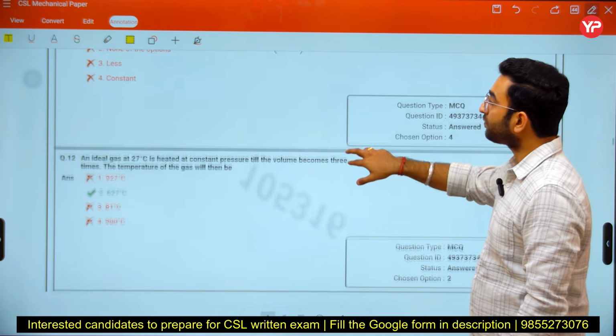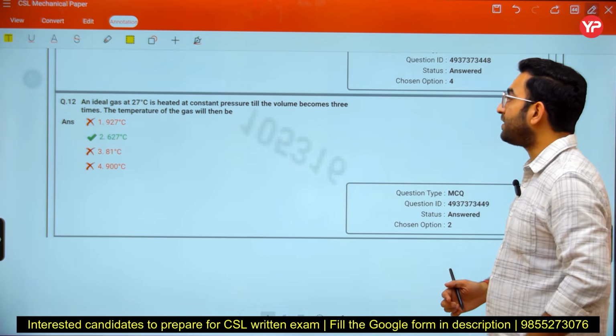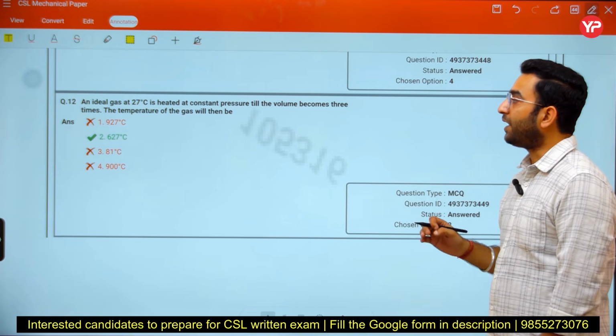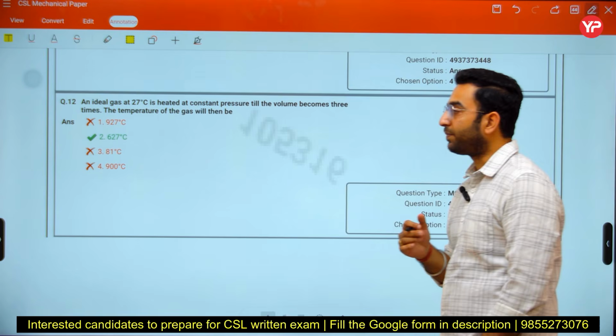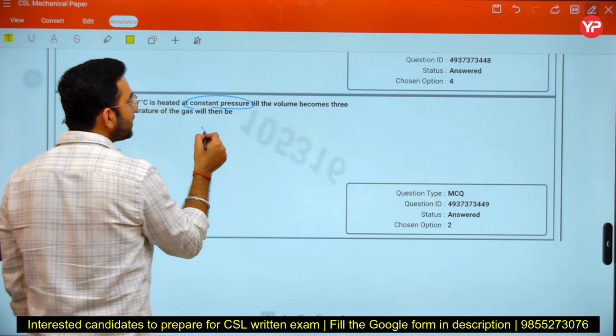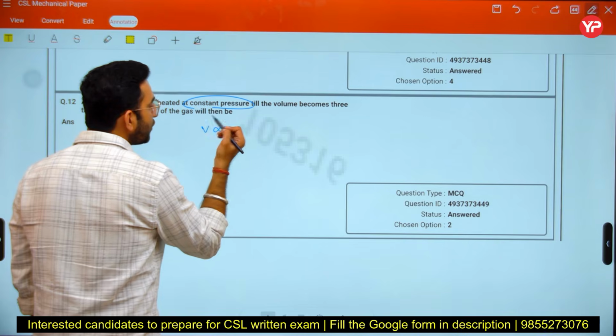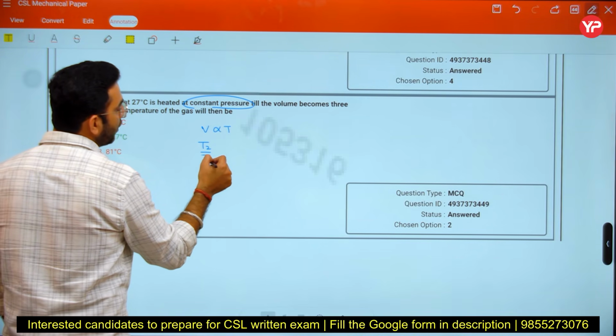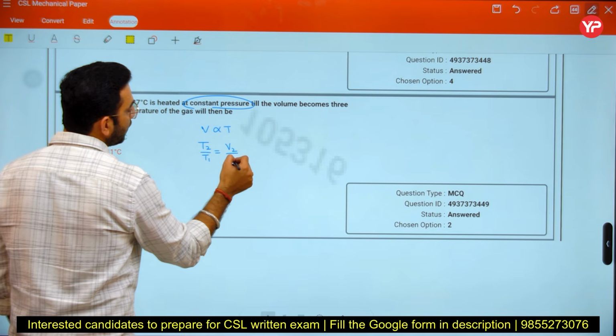Next part, an ideal gas at 27 degrees Celsius is heated at a constant pressure till the volume becomes 3 times. The temperature of the gas will be. Okay, so here the ideal gas is performing a constant pressure process, and in this case we know that volume is directly proportional to temperature. So I can write T2 by T1 is equal to V2 by V1.